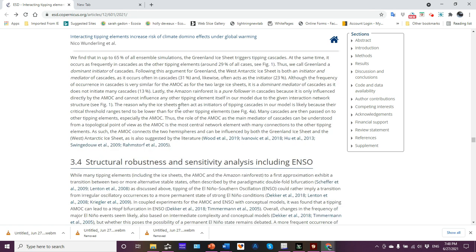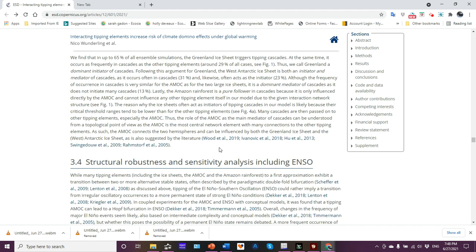The reason why the ice sheets often act as initiators of tipping cascades in a model is likely because their critical threshold ranges tend to be lower than for the other tipping elements. Many cascades are then passed on to other tipping elements, especially AMOC. Thus, the role of AMOC as the main mediator of cascades can be understood from a topological point of view, as the AMOC is the most central network element with many connections to the other tipping elements, right?